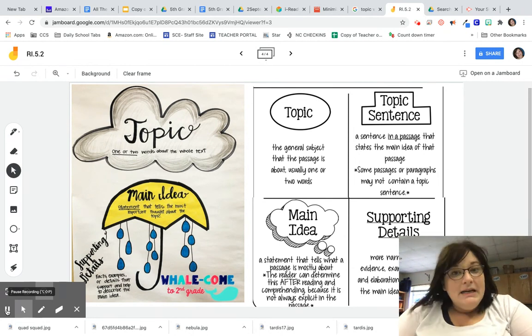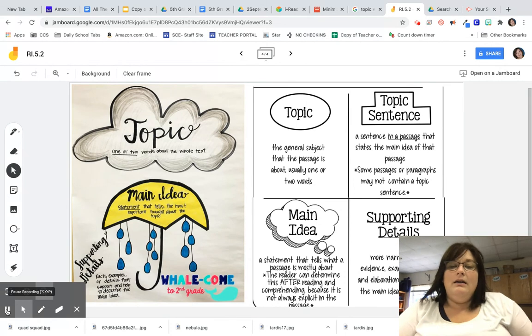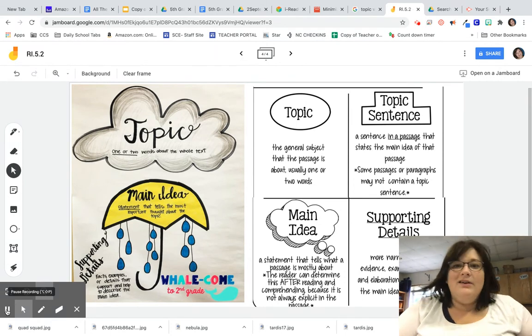You really have to read it and understand what it's trying to tell you before you can determine what the main idea is. Now, with topic, you can probably skim and scan and look at the repeated words and the title and kind of figure out what the topic might be. But with main idea, you have to really read it and comprehend the text before you can determine that.